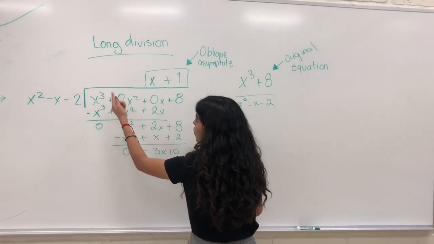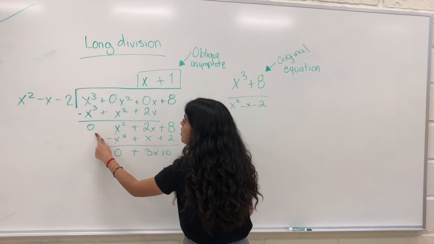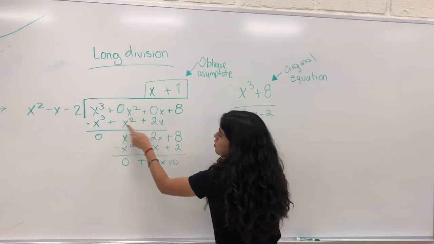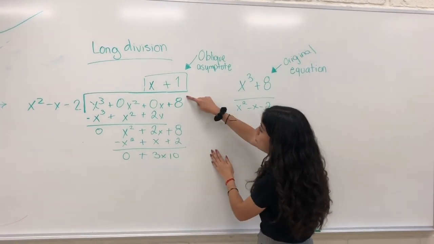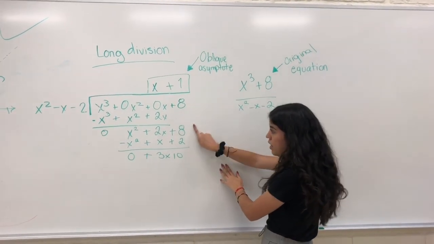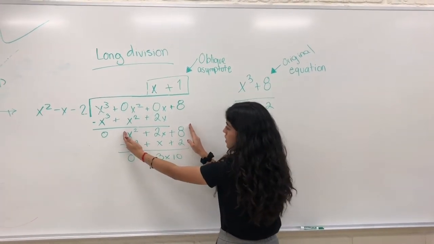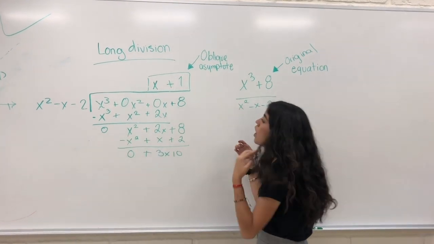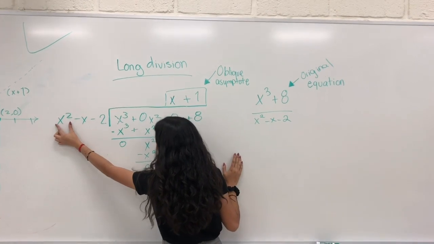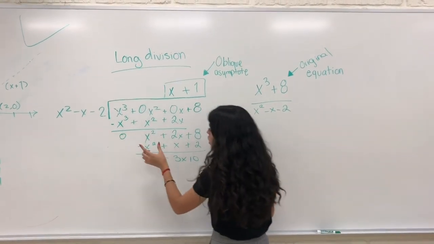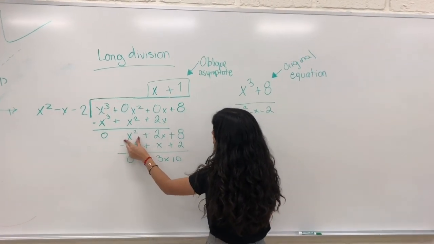X to the third power minus x to the third power is 0. 0 plus 1 is 1, and 0 plus 2 is 2. And then you add the 8, so you have 3 elements now, as in the beginning. So how much does this element need to be the exact same as this one?